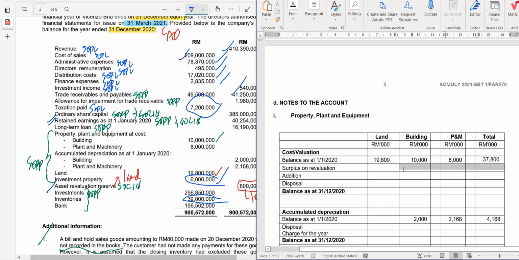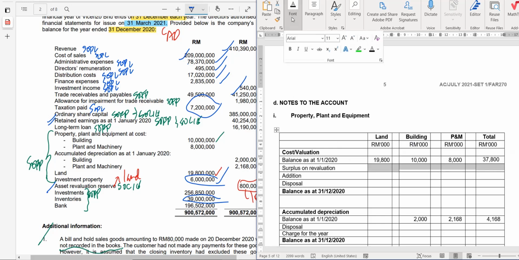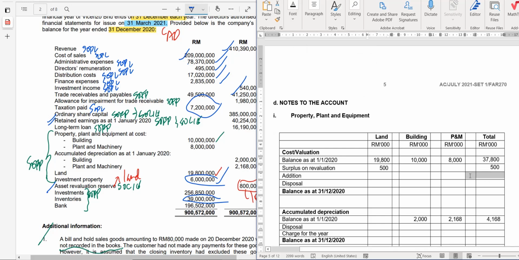The first is for you to put the balance at the beginning, cost or at valuation, and this is at revaluation. For the land, building and plant machinery is at cost model, so that's why you have cost stroke valuation. Surplus on revaluation, there was only one surplus coming from land, so we put that in the total.